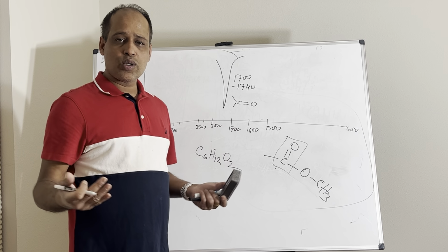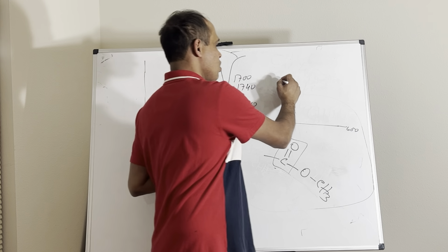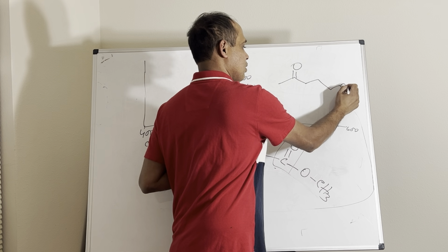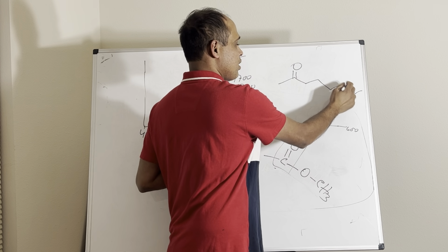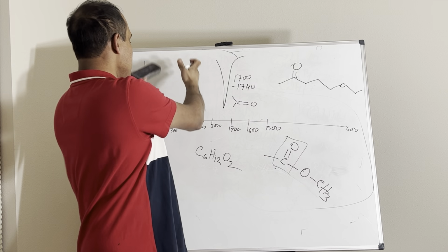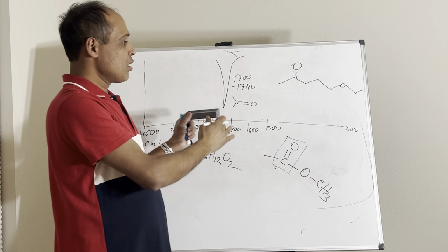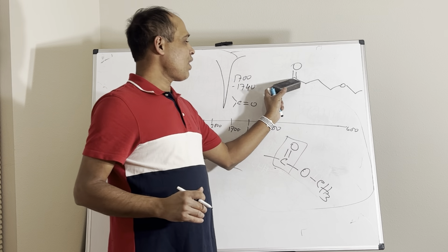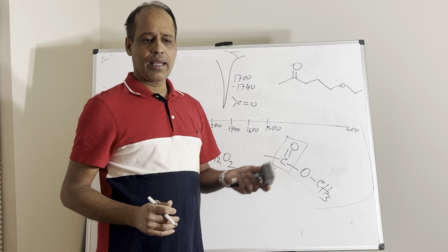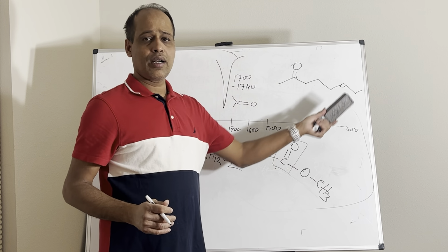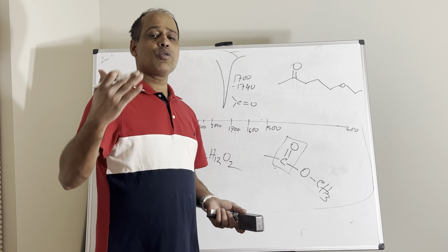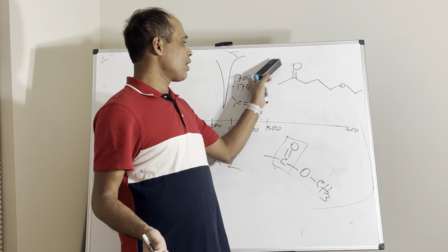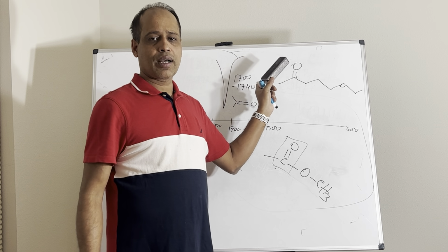But still, there could be another option: a ketone and ether. Suppose you have a molecule like this. This is an ether. Ether doesn't have any specific peak around this area, so you will not see that, but the ketone is there. So in that case, with the ketone and ether, you need to rely on proton NMR and carbon NMR, but at least you will get some information for the carbonyl group.